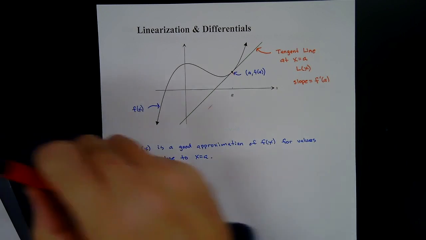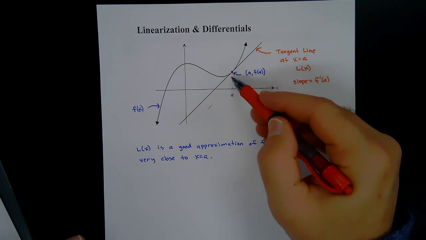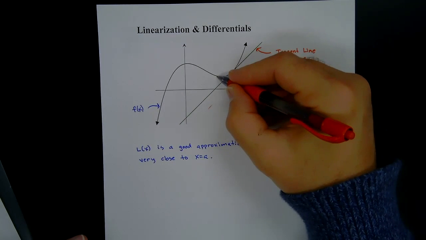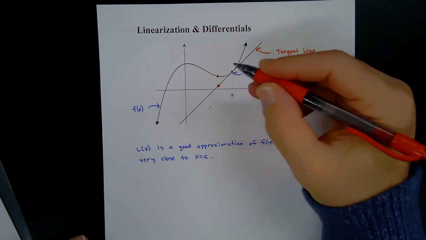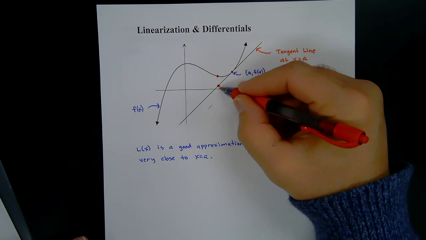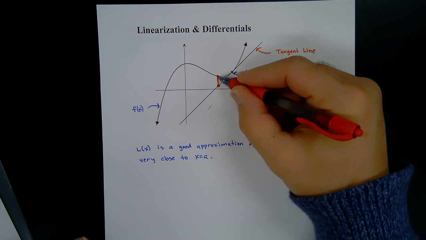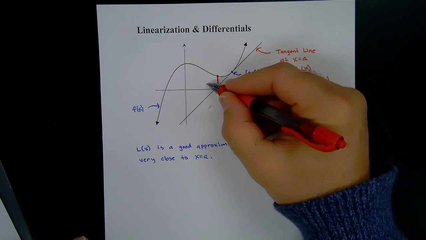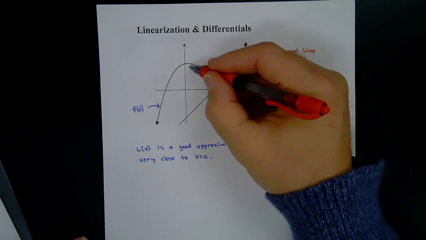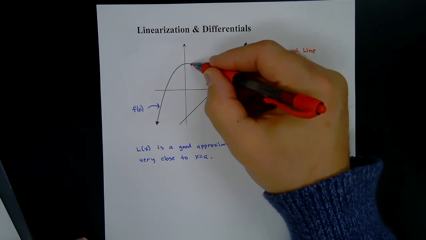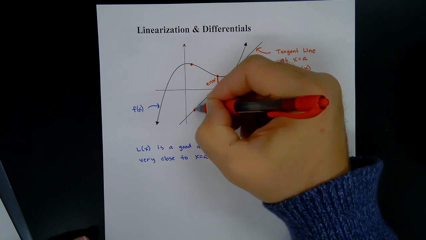So as we move away from that, either to the right or to the left, right here's the actual function value, and right here would be the approximation. This gap, the difference between the two, is called the error. Even further out here, this is the actual value, and this would be the approximation.